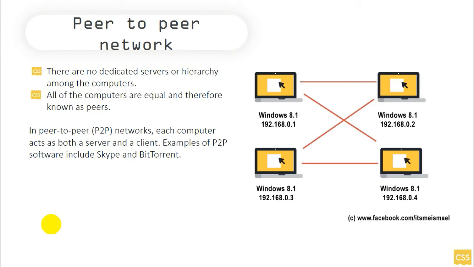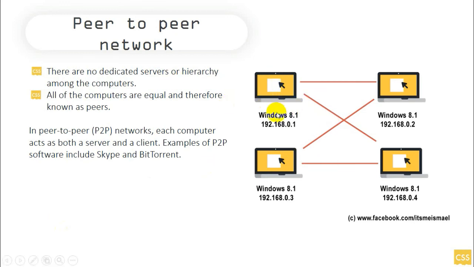So peer-to-peer, sometimes referred to as a P2P network. In this network design, there are two or more computers that are connected to each other to act as both a client and a server. So it's simply connecting four computers in a switch or a hub for them to be able to share files. So ganun lang kasimple ang connection ng peer-to-peer.